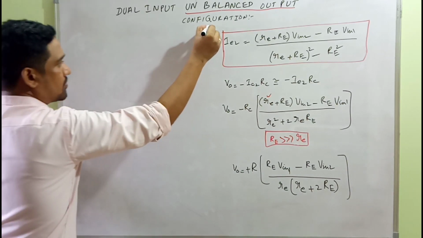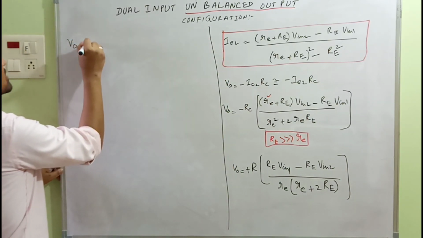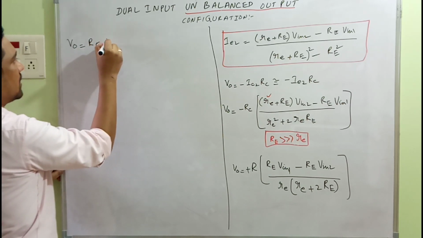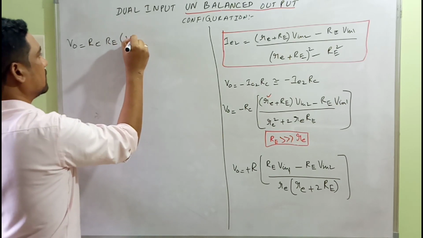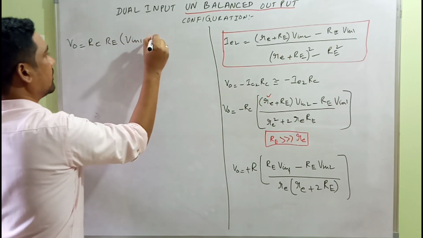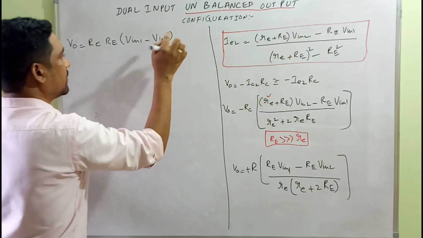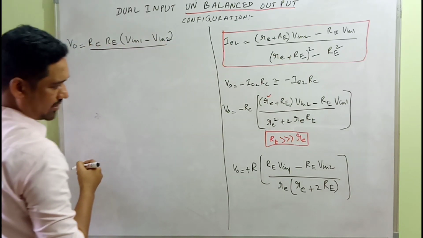Going ahead, don't mind, I'll be writing over this side. V0 will be equal to RC as it is. So if we take RE as common from both the terms, we'll be left with Vin1 minus Vin2 upon, what's that?